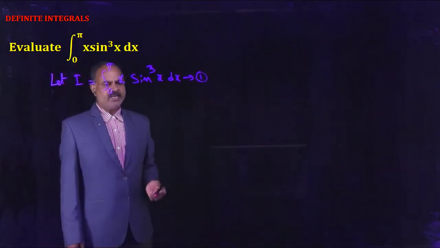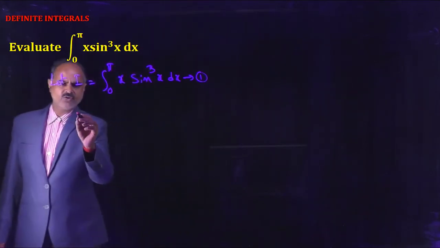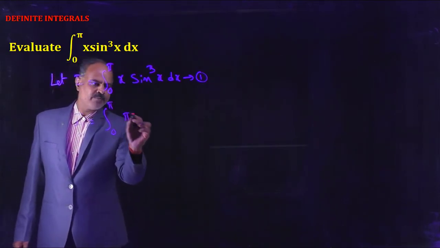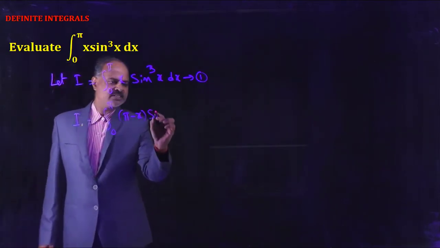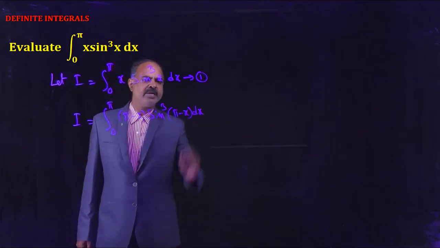By applying the property integral 0 to a f of x dx equal to integral 0 to a f of a minus x dx, we get integral 0 to pi of (pi minus x) into sine cube of (pi minus x) dx.